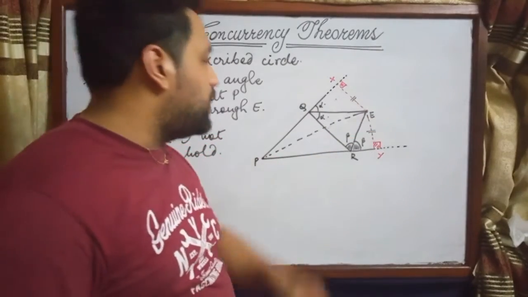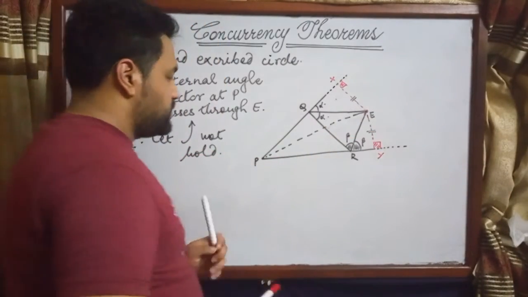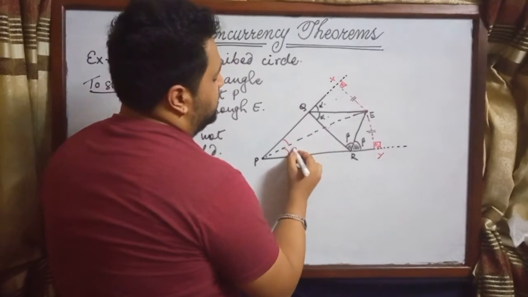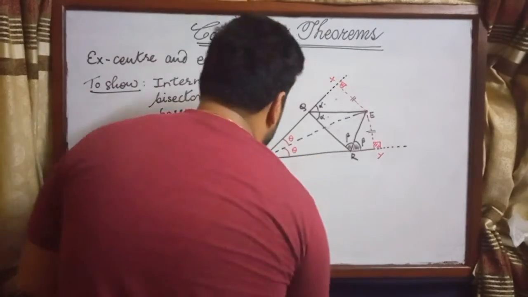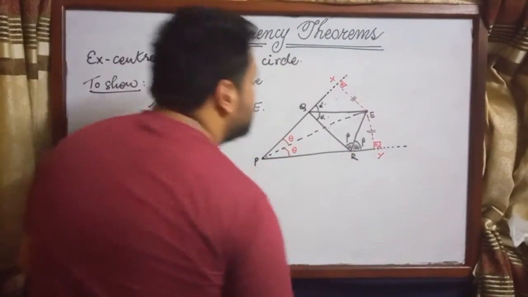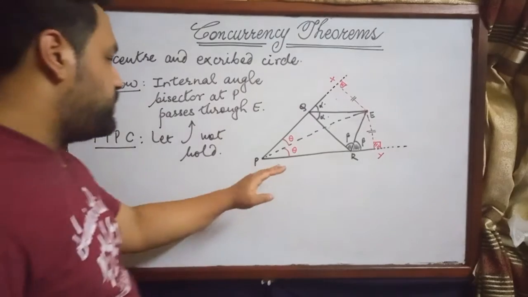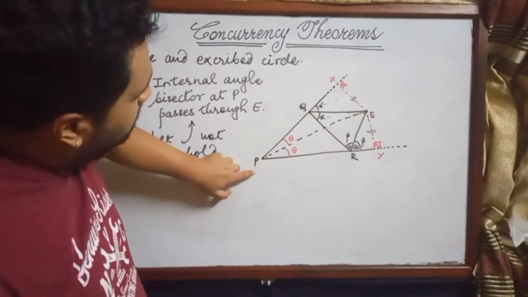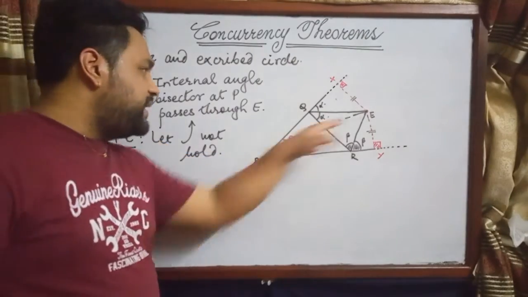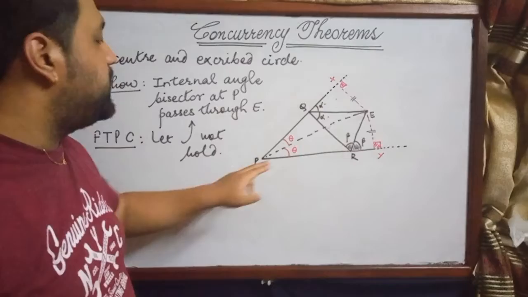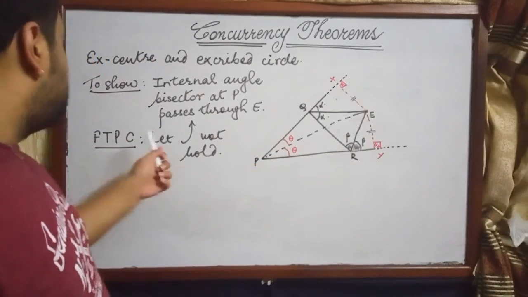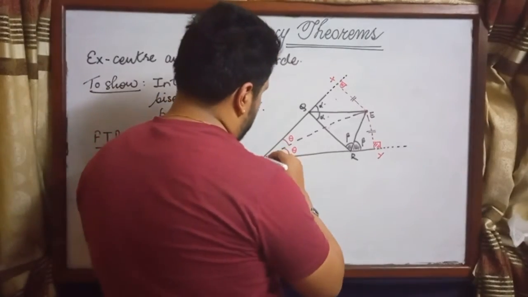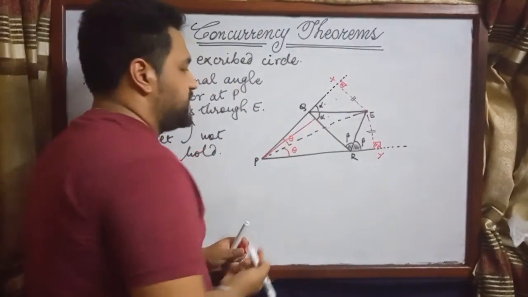So these two triangles are congruent, as a result of which this angle is equal to this angle, meaning if this is theta, then this will be theta, as a result of which PE is a bisector of the internal angle at P. So PE is a bisector of angle QPR, but according to our assumption, the bisector does not pass through E, so this may be a bisector.